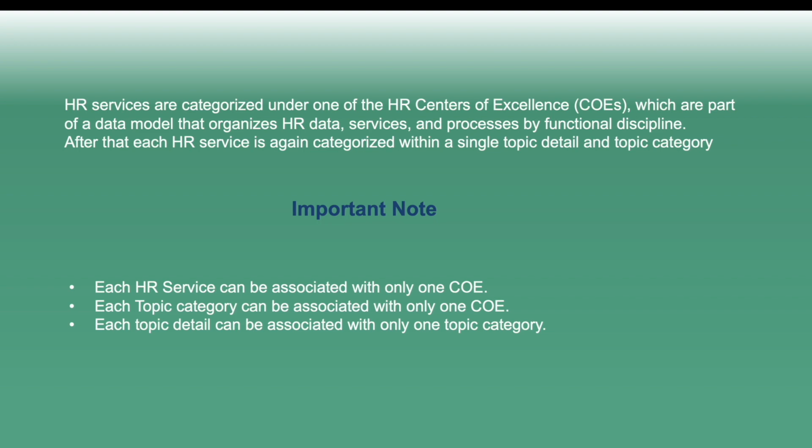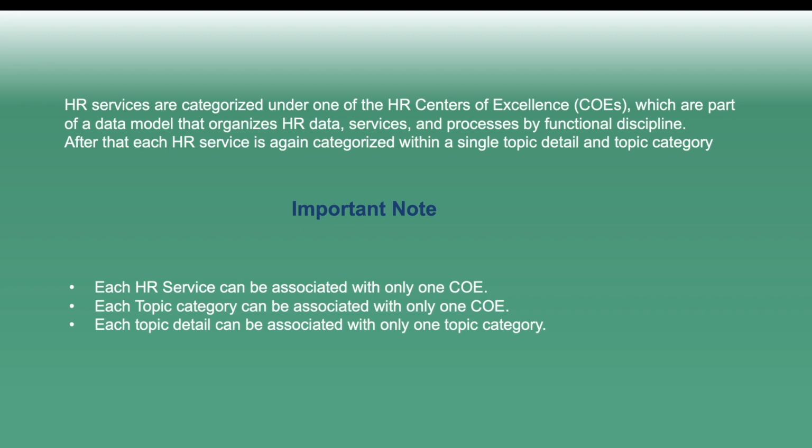Now once the organization has decided what HR services they are going to offer, each HR service needs to be categorized. HR services are categorized under one of the HR Centers of Excellence, that is COE, which are part of a data model that organizes HR data, services, and processes by functional discipline.